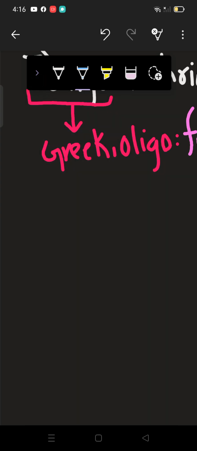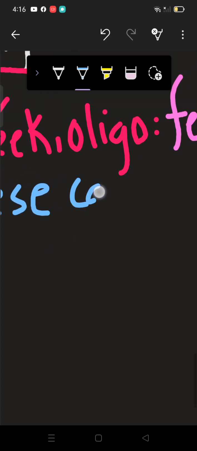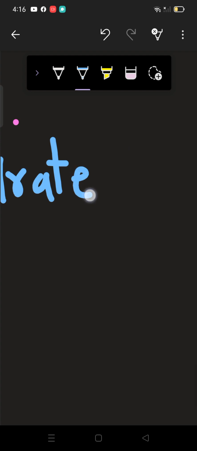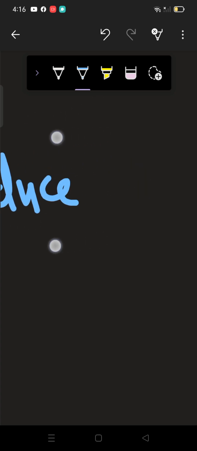These carbohydrates, as I told you the range, will be producing 2 to 10 monosaccharides on hydrolysis.